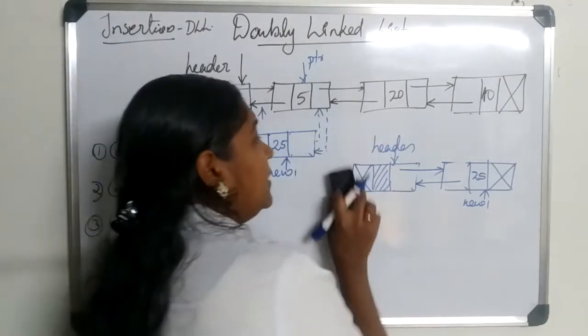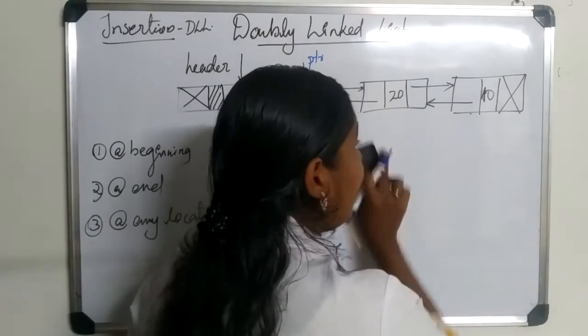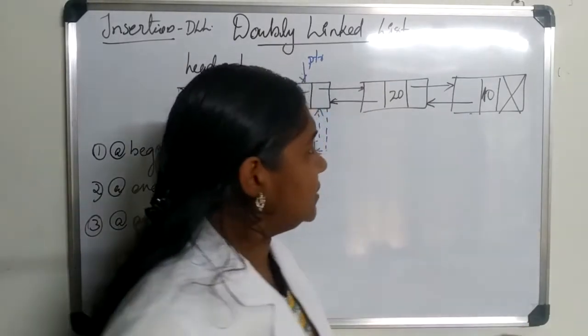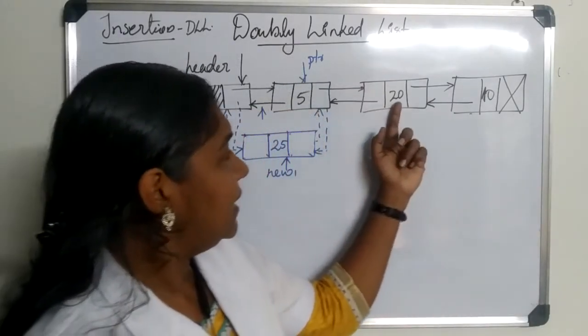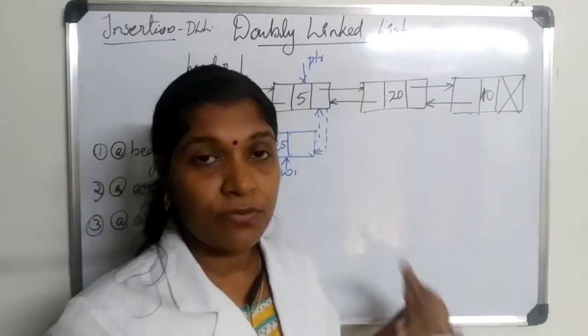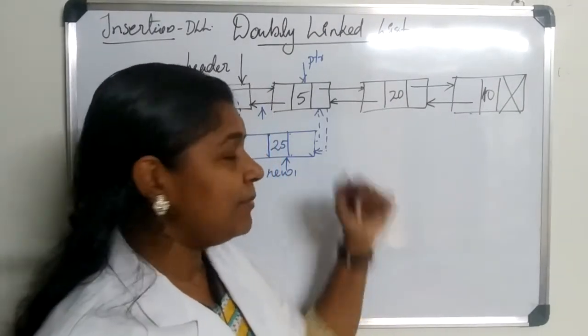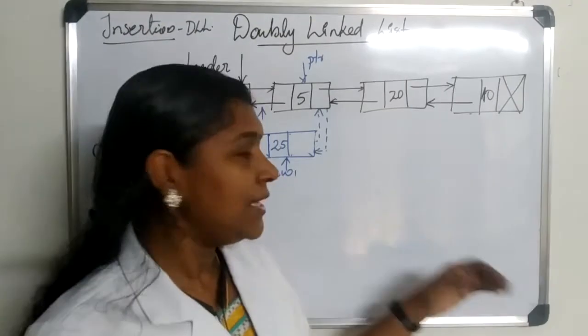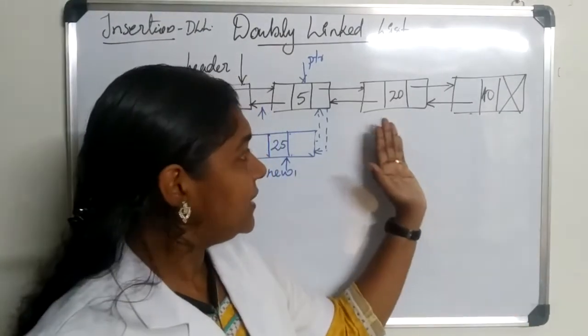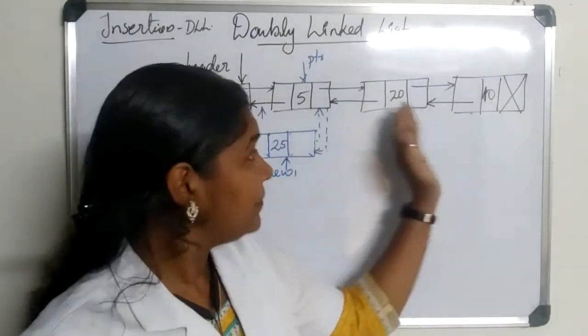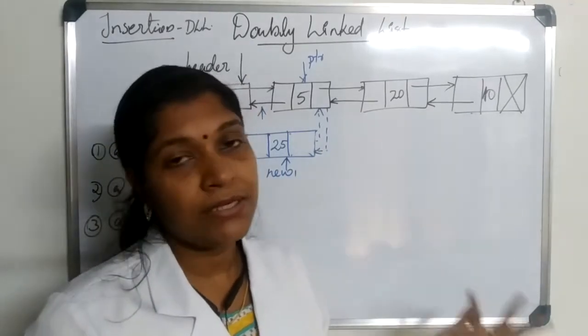Then the second case, at any location. In inserting at any location, say the program asks us to enter the key value, and we would be entering value 20. There are two methods: either we can enter our new node after 20 or before 20. Any method you can adopt.